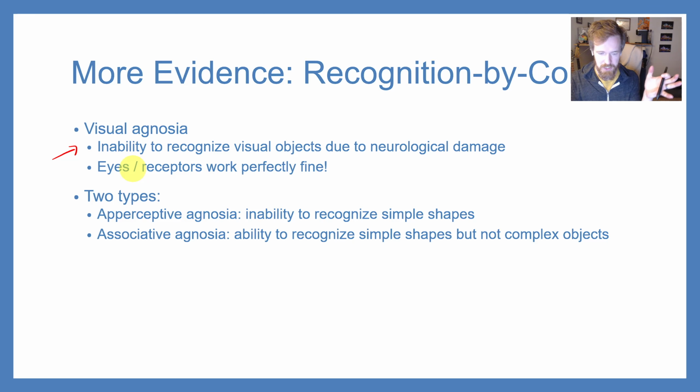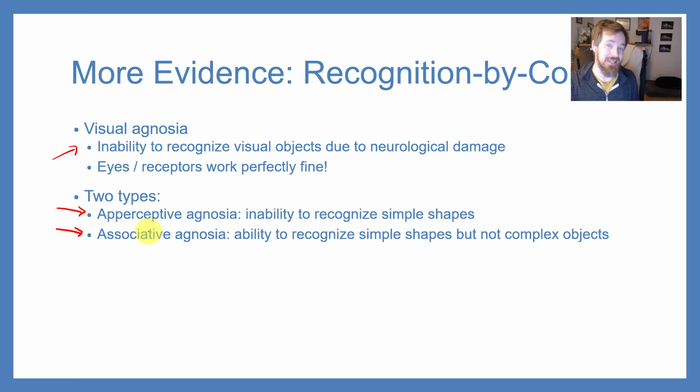It's able to recognize maybe the basic shapes, which is what we see with associative agnosia. So visual agnosia, you can split it up into two separate types. One of those types, you're able to recognize geons, but not able to recognize whenever they are put together. Apperceptive agnosia is just the worst, because then you can't recognize any of these simple objects.